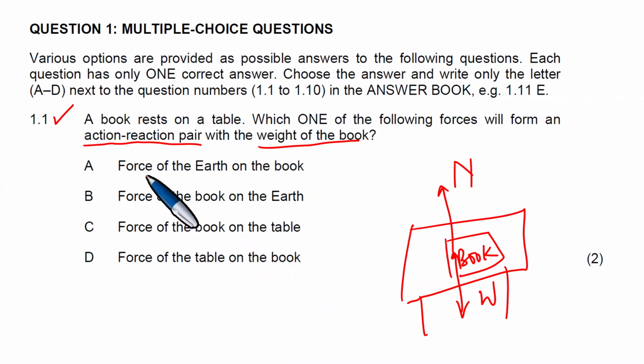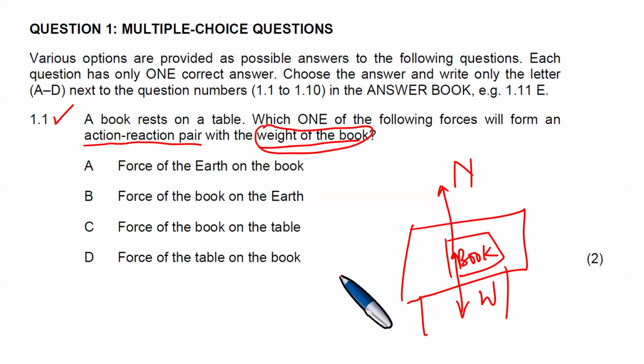And is it the force of the earth on the book? We are thinking about this question and looking at these very carefully, because the question still stands: which of the following forces will form an action-reaction pair with the weight of the book?